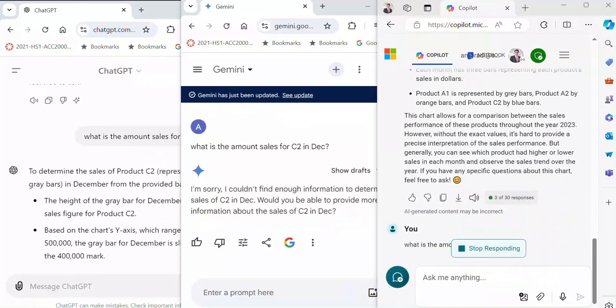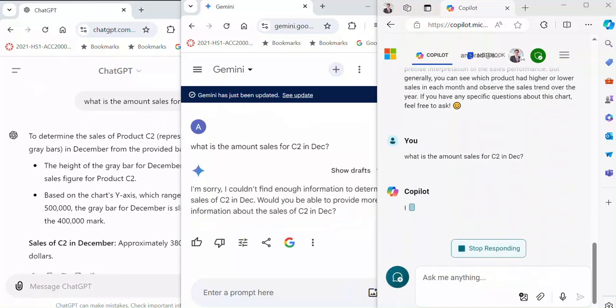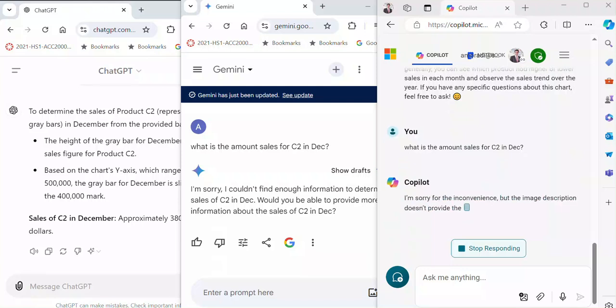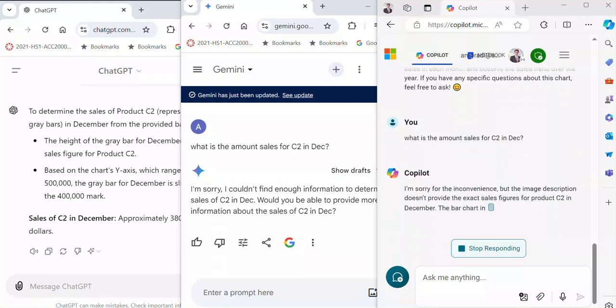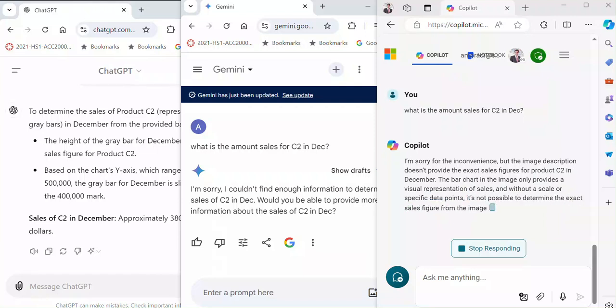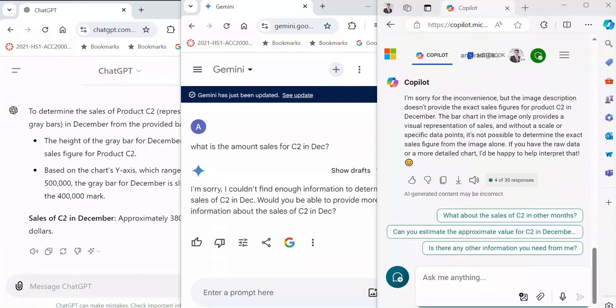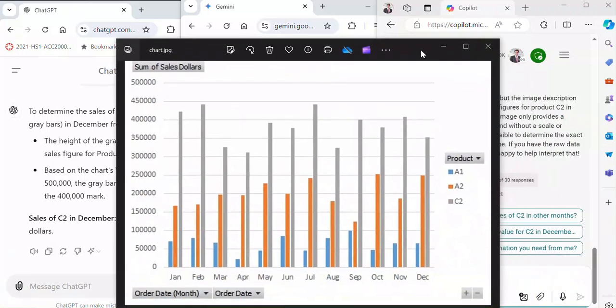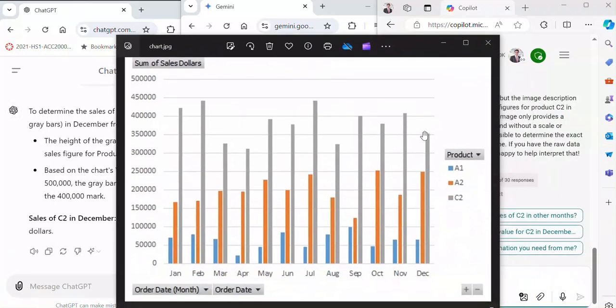Now let's go with a product that is easy to interpret and find, like product C2 in December. If I show you the chart, you will see that C2 in December is easy to see. It's around 350,000.